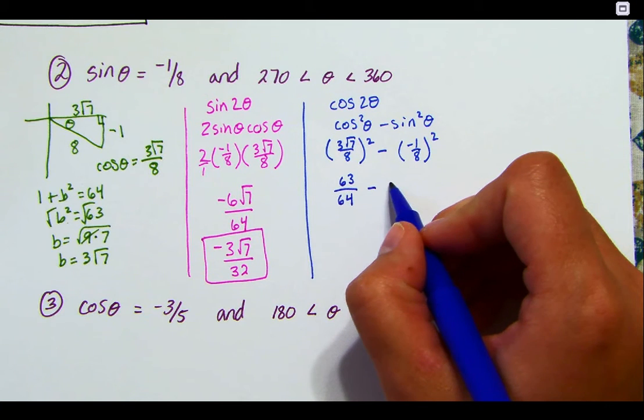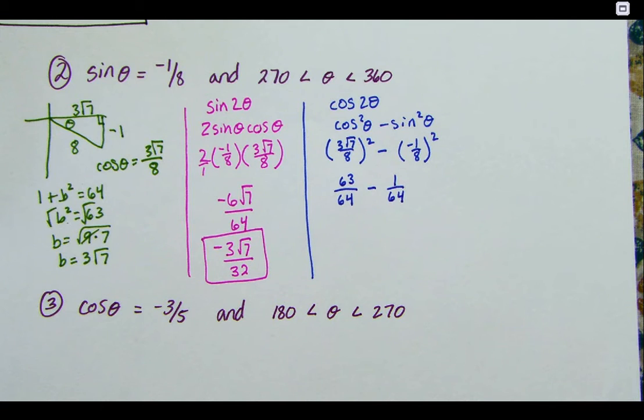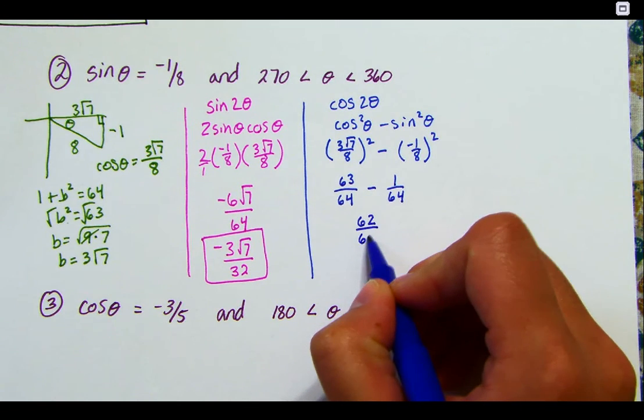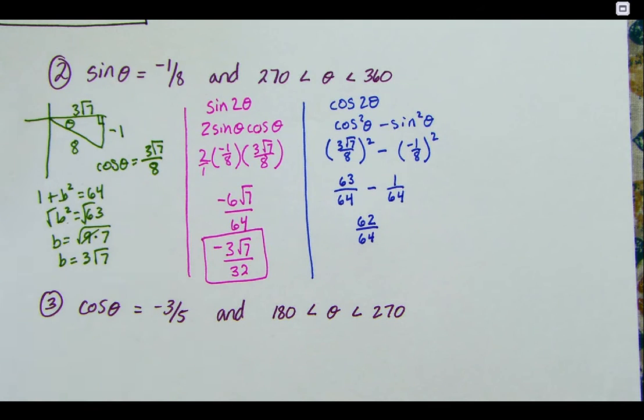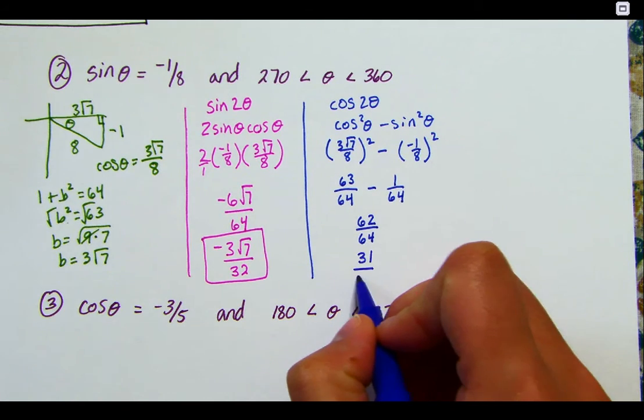And then if I square this, it is 1 over 64. And 63 minus 1 is 62 over 64. And then we can reduce that because they are both divisible by 2. So if I divide them each by 2, this will be 31 over 32.